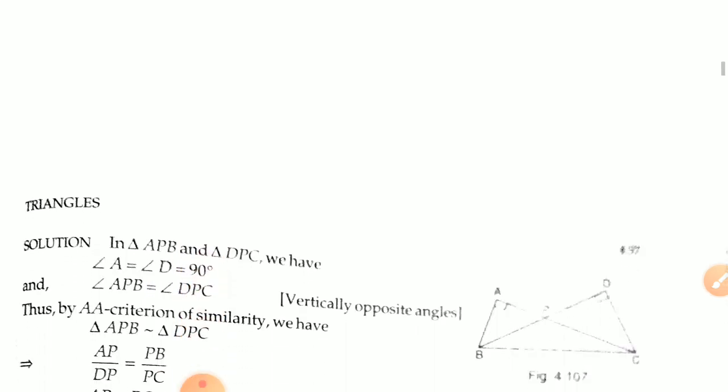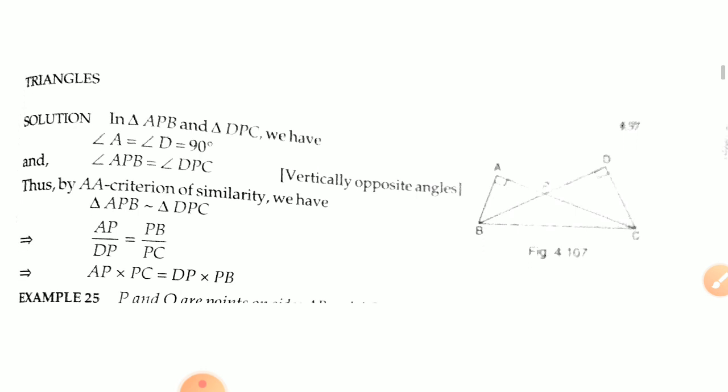So in this question the figure is given here. ABC and BDC, these two triangles are given.